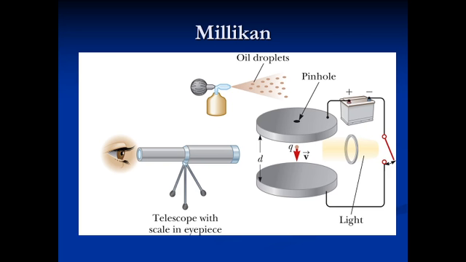He would fire in oil droplets, and as they fell out of the diffuser, they would pick up an electric charge. Depending on what that charge was, he could try to make those droplets float.